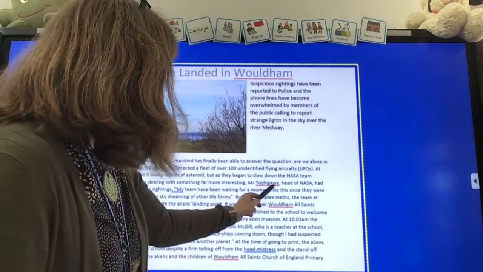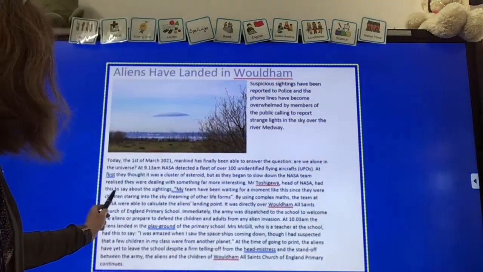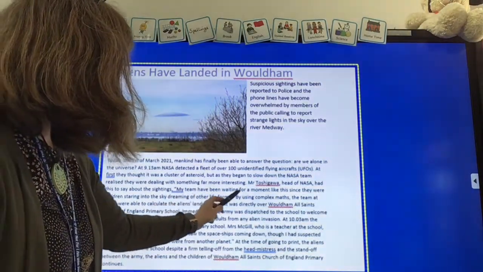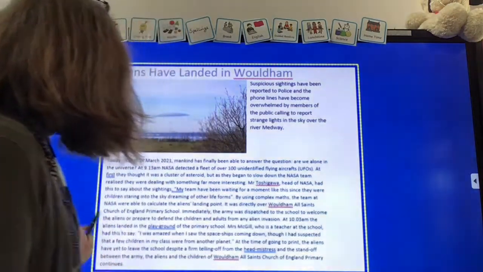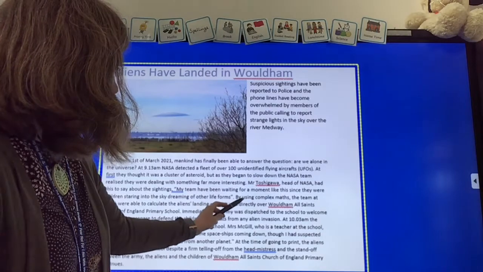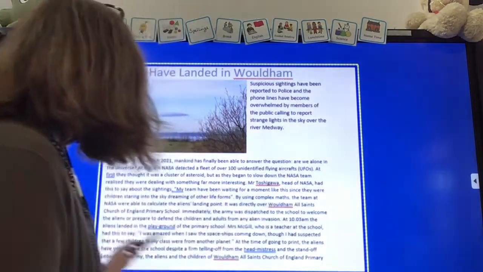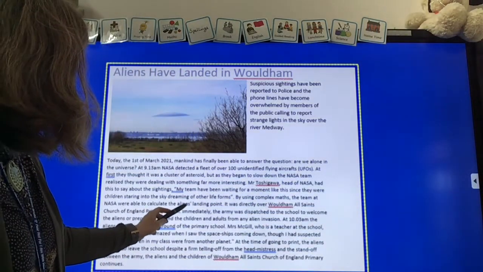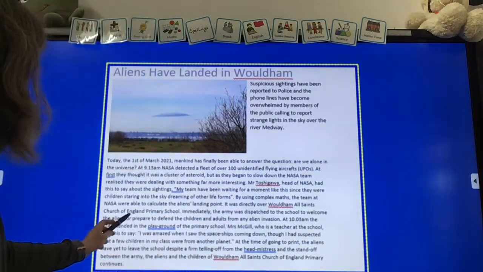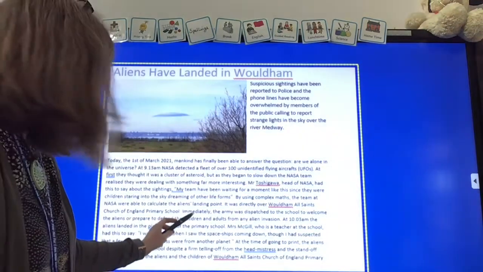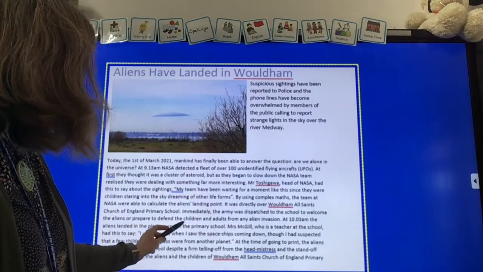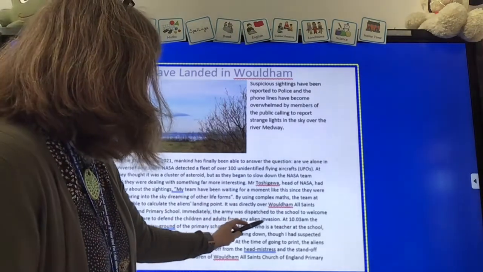Mr. Toshagawa, head of NASA, had this to say about the sightings, and this is my direct speech. "My team have been waiting for a moment like this since they were children, staring into the sky, dreaming of other life forms." By using complex maths, the team at NASA were able to calculate the aliens' landing point. It was directly over Walden All Saints Church of England Primary School. Immediately, the army was dispatched to the school to welcome the aliens, prepared to defend the children and adults from any alien invasion.